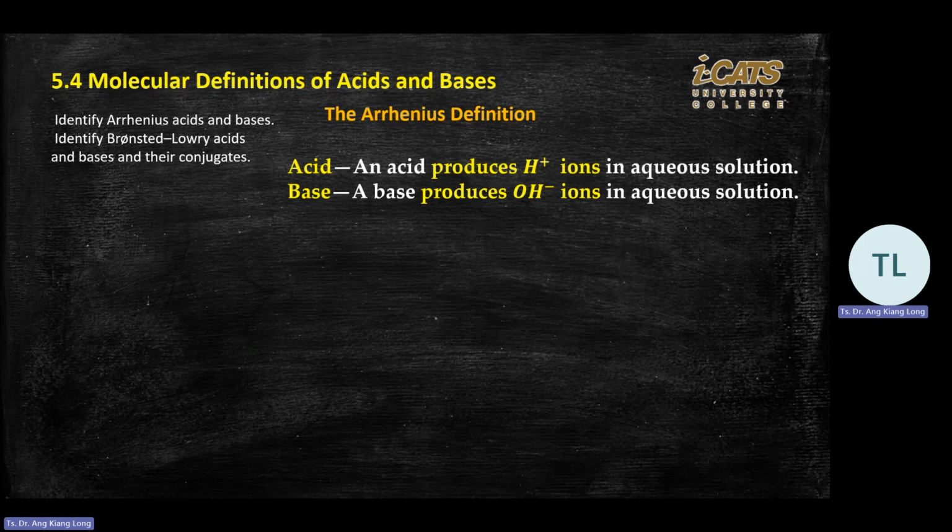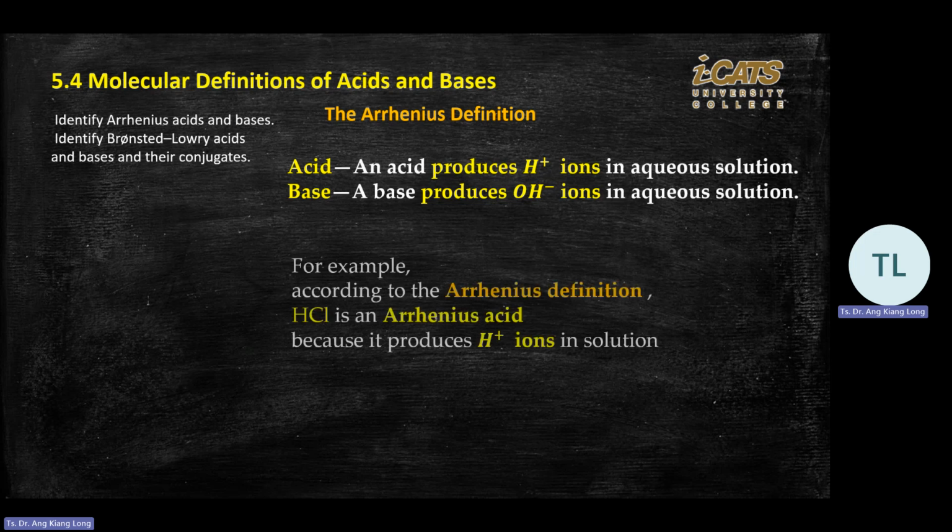It means that if you see a question like this, give the definition of acid and base based on the Arrhenius definition, I'm looking for the answer that you see on the screen here: H positive and OH negative ion. So if you understand this one, you should be able to follow through.